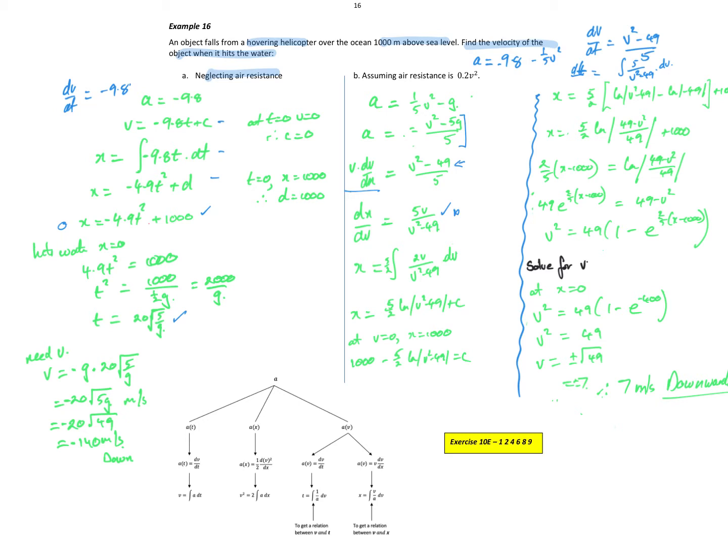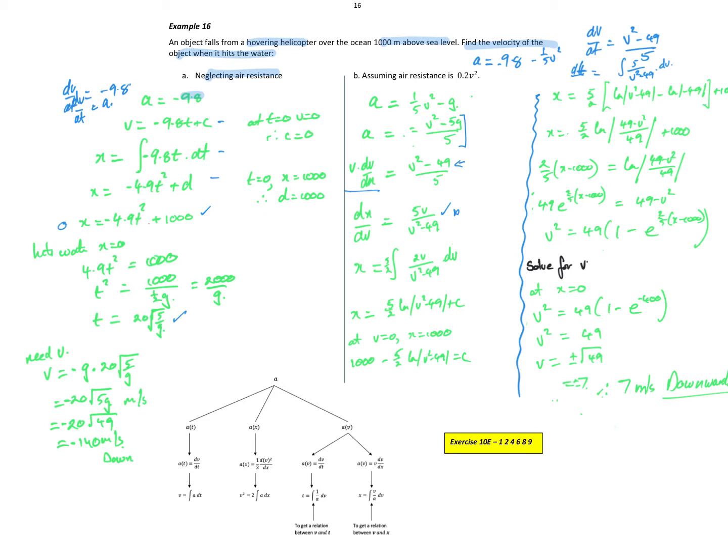So neglecting air resistance suggests we have constant acceleration. So I'm going to take downwards as my positive. Okay, so acceleration is 9.8. I could go to kinematics formulas, definitely, but acceleration is equal to obviously dv/dt.